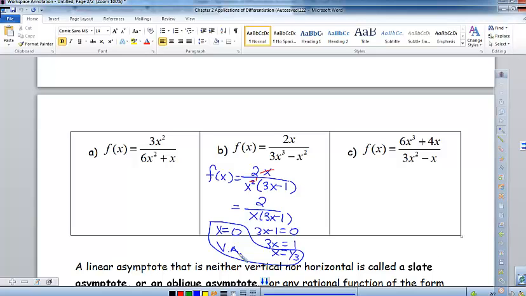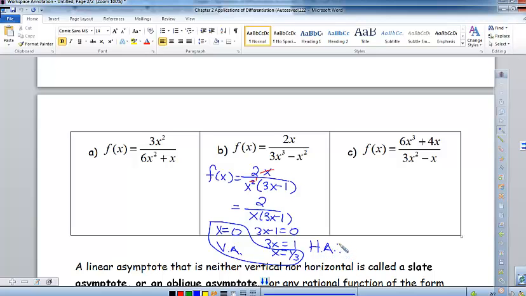For the horizontal asymptotes, when we look at the function, compare the degree of the numerator to that of the denominator, what do we say? There is one. In fact, it's y equals 0.